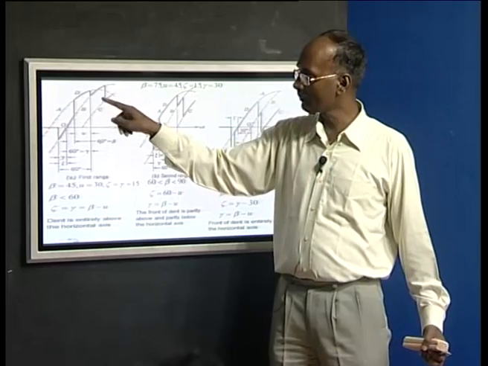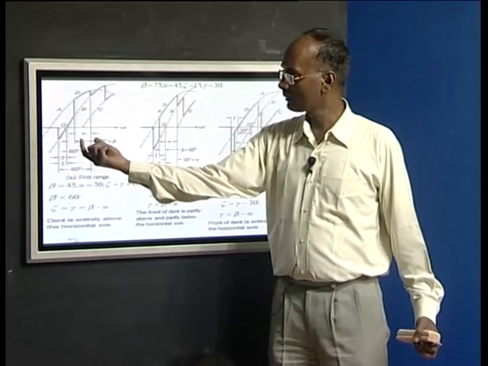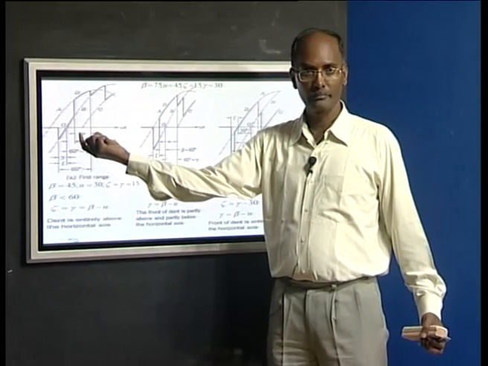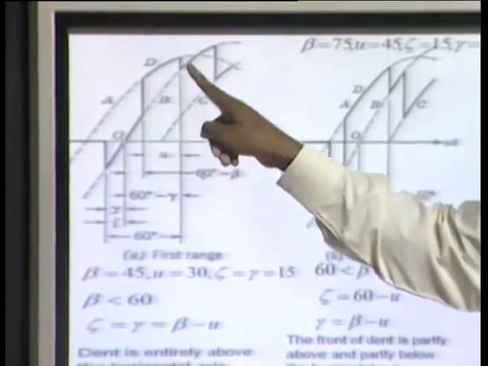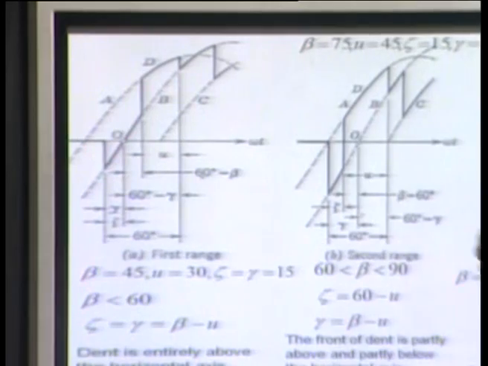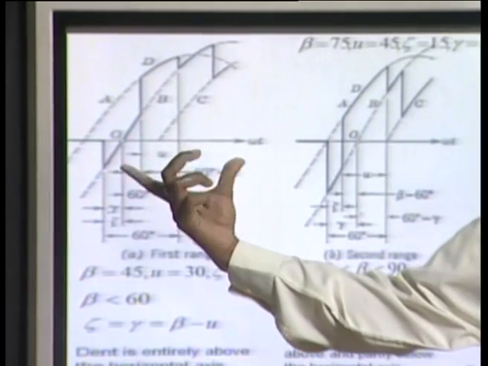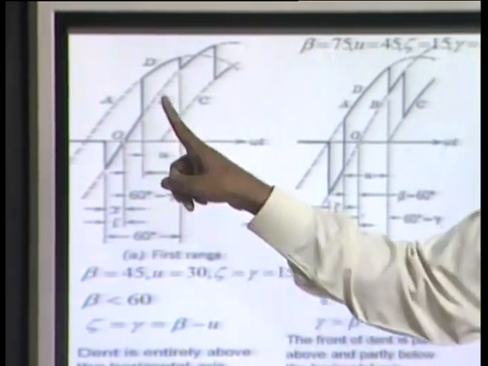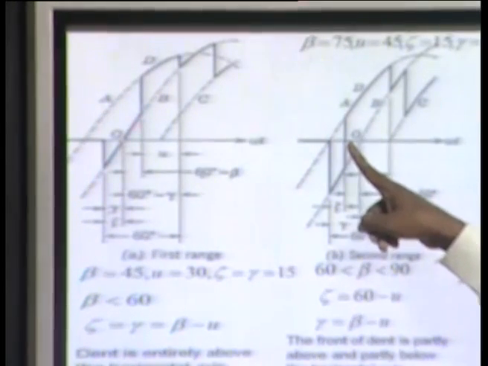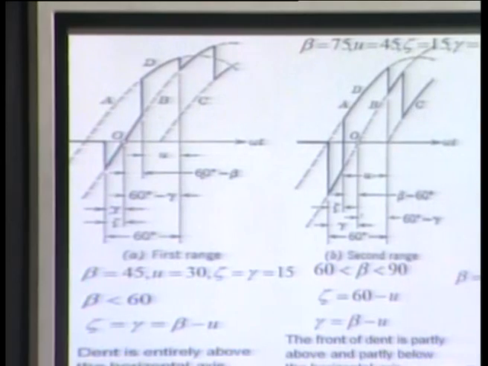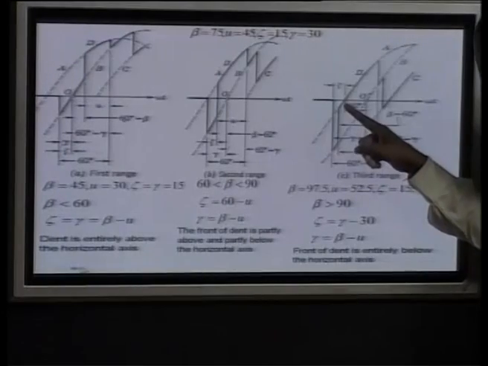Then it went with half of this, then the commutation was complete, that is why it is the U period, and then it goes here again. Now this D, the dent, if this U period changes, this line can come here. There is even a possibility that the D line comes here and then the sinusoidal voltage is picked up.